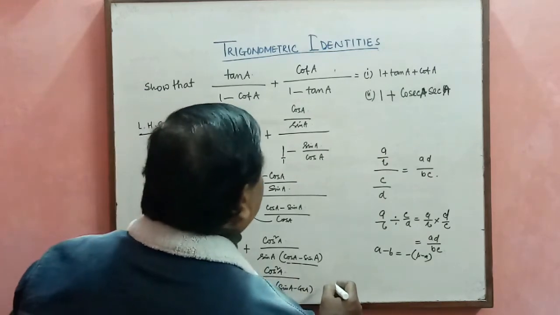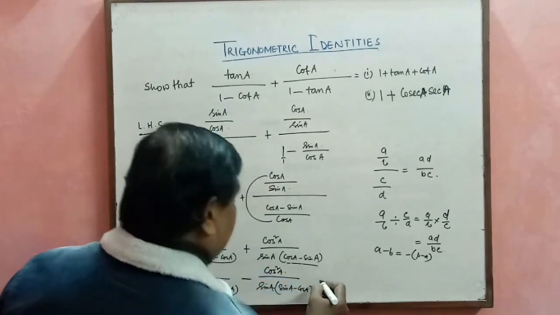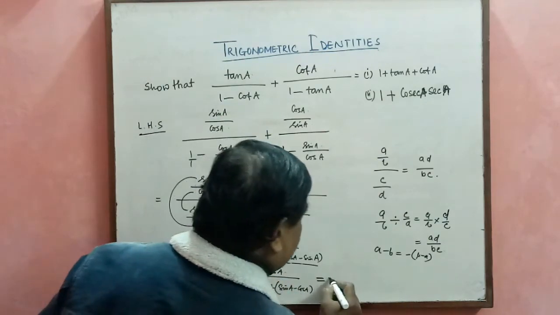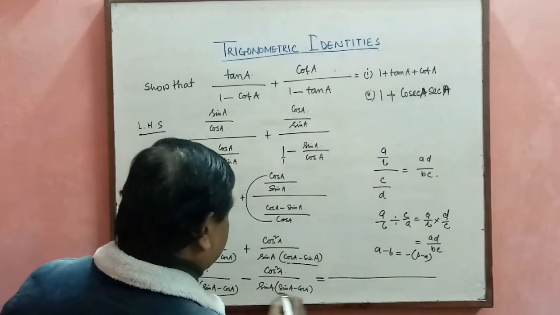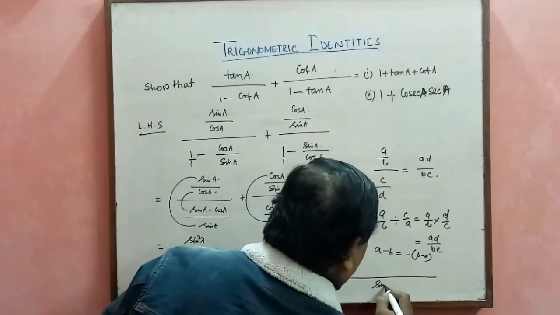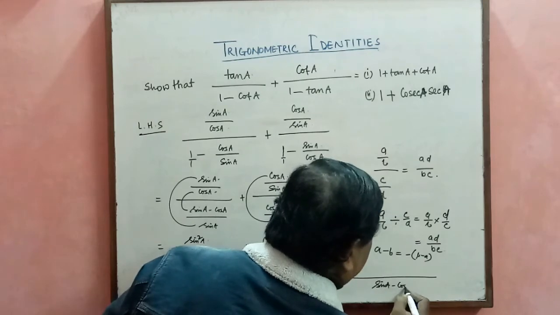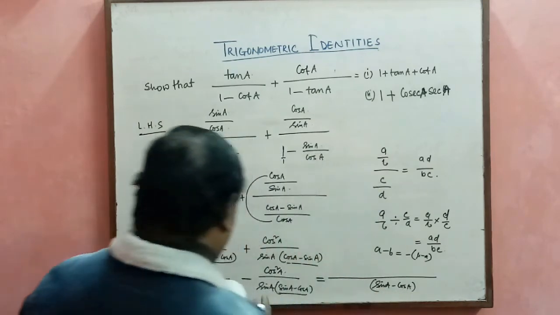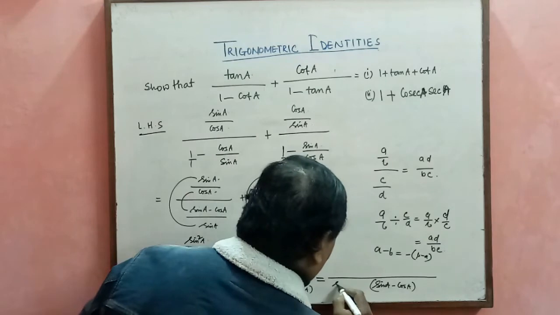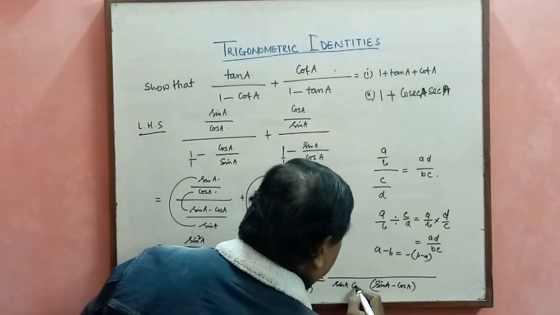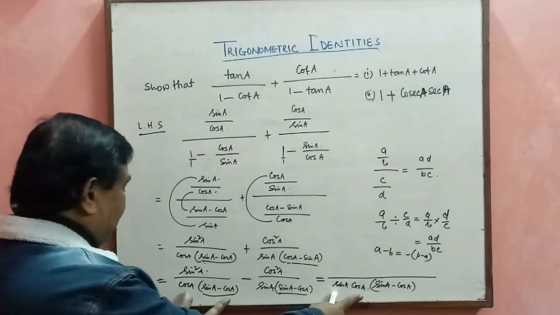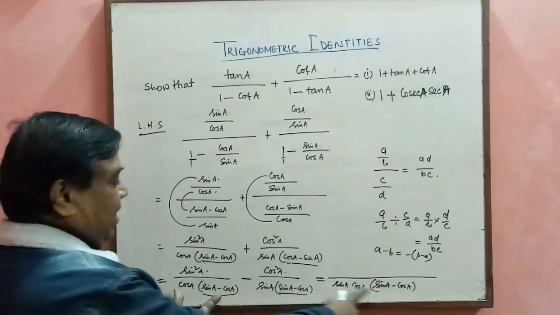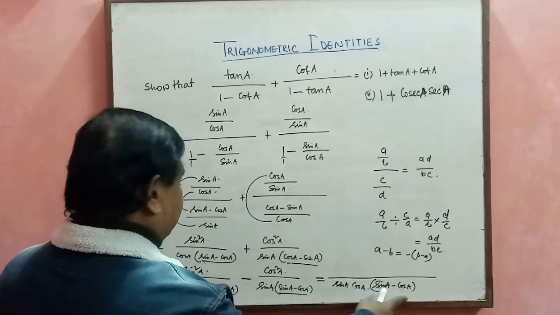Now this is equal to, take LCM here. This is common, sin A minus cos A. Now the remaining factor is sin A into cos A. This LCM, if I divide this by this one, cos A and sin A minus cos A will get cancelled.